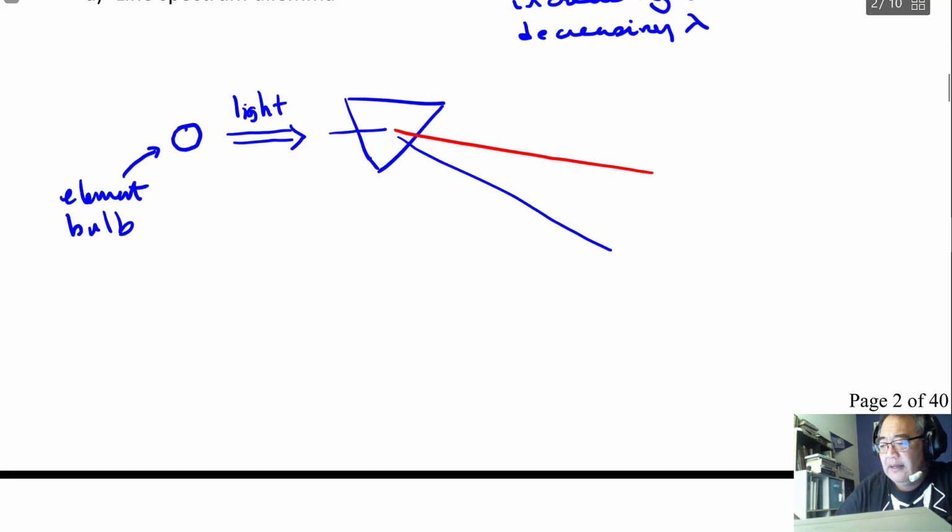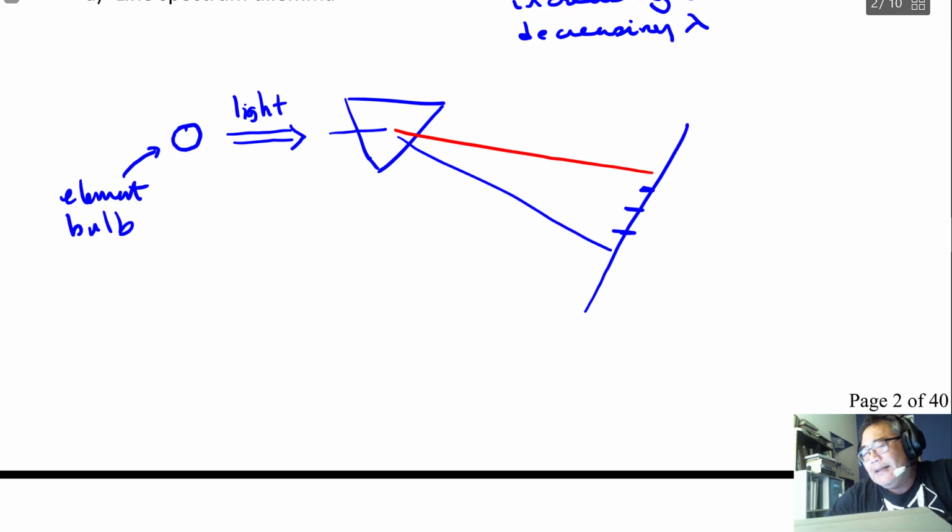And then they would image this on a piece of film, or they would see it. Actually, you could see it with your own eye. And what they saw was not a continuous spectrum, but just regions of brightness like this.